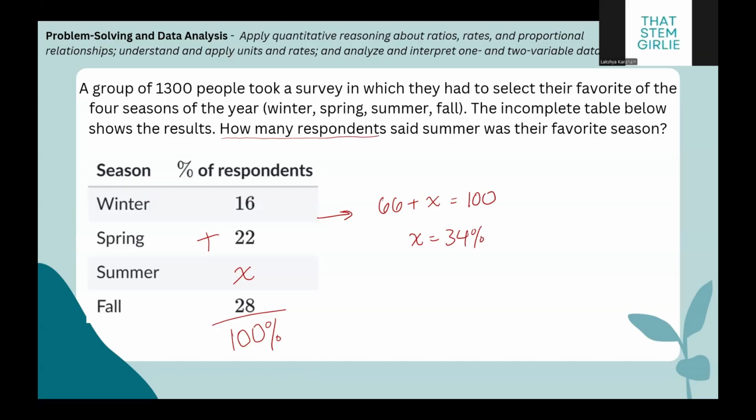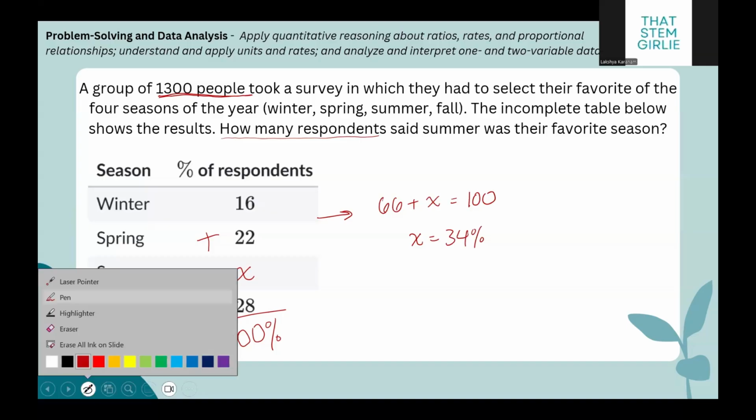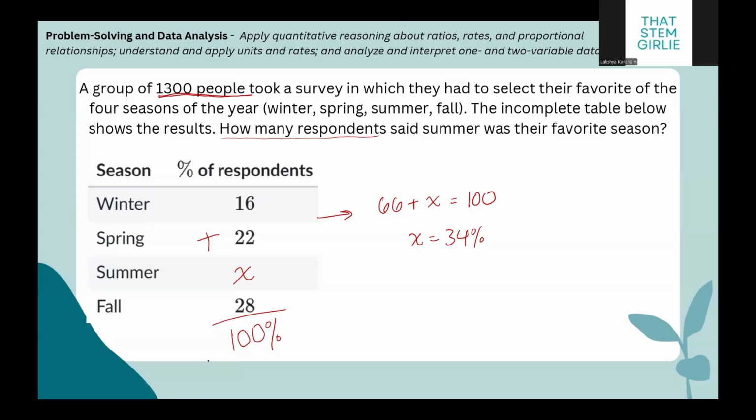But again, we're looking for the number of respondents, not the percent. So we know that the total group was 1,300 people. So we know that 34% of 1,300 people said that summer was their favorite. The reason why I emphasize that is because "of" is actually a key word.